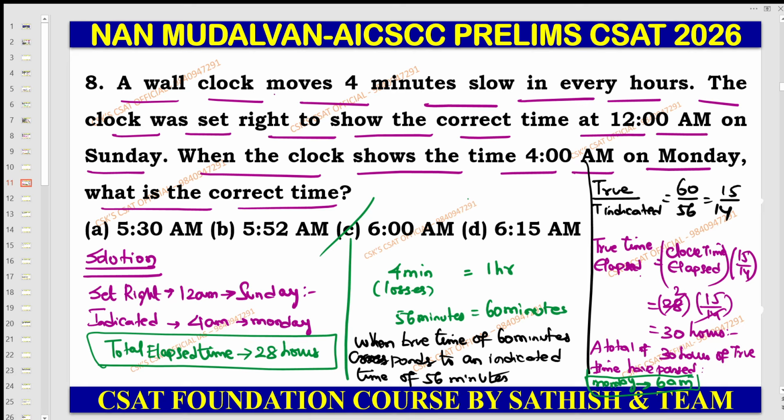The answer is 6 a.m. Paramananda understood, Sridhar understood, Raksha understood. Fine. In our foundation, we'll take up some more questions and discuss. Then you will get some clarifications, right? This kind of question, gain and these things we have to do. Fine, let's move on to the next question.